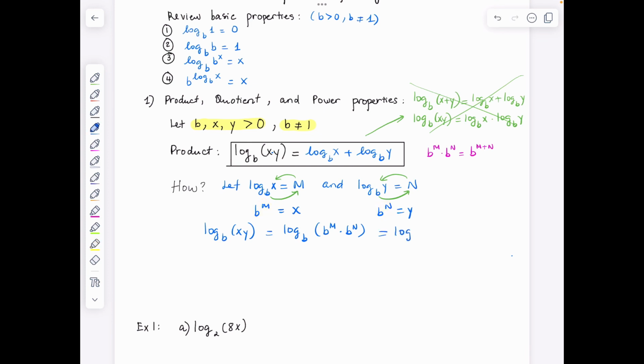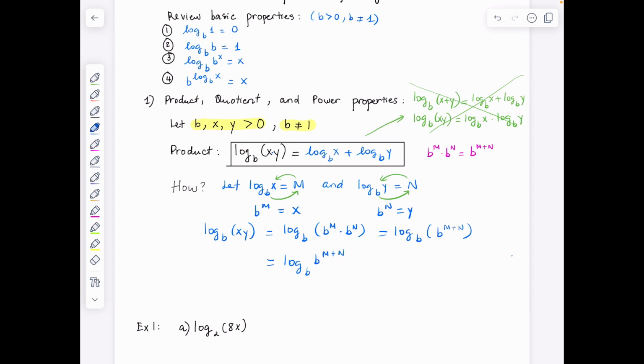Then we have log base b. Now, remember the exponent property. Apply that for this one. We have b to the m plus n. You add the exponents. Now, I can also write it this way without the parentheses.